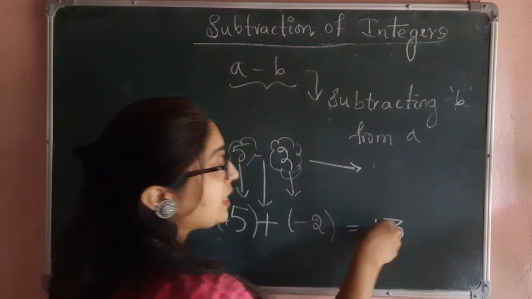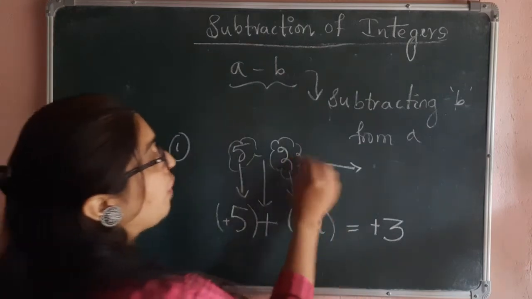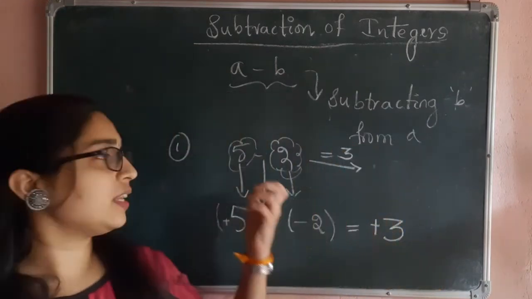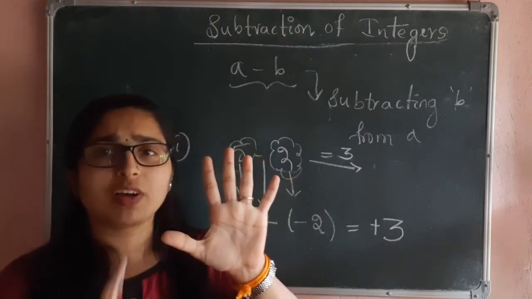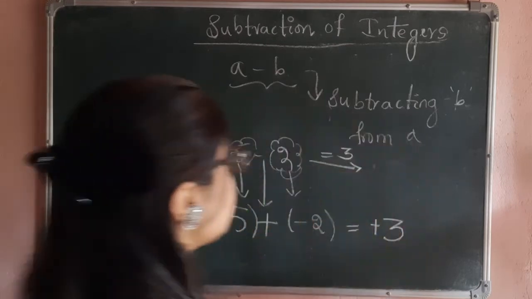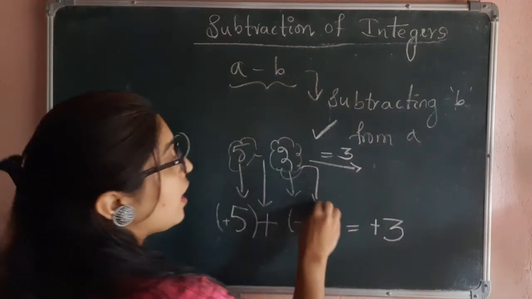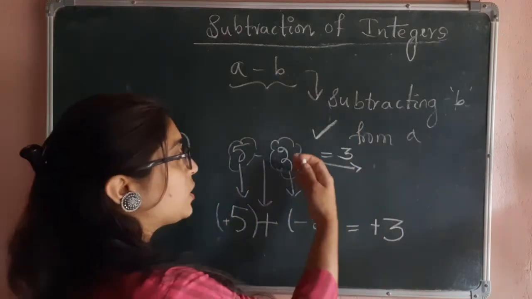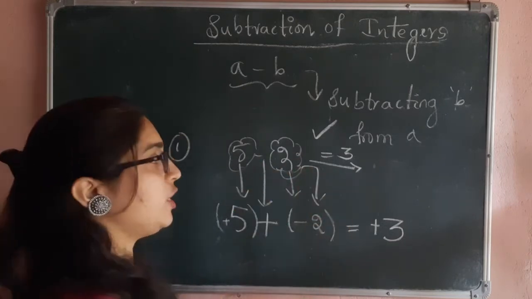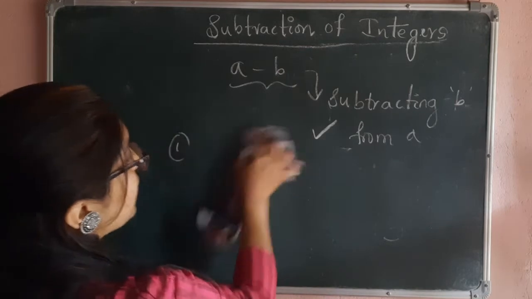So I will keep it as plus 3. So 5 minus 2 is 3, and this is very simple. From 5, if I subtract 2, I get 3, right? This is the simpler one, but I explained it to show the process of conversion of subtraction to addition.